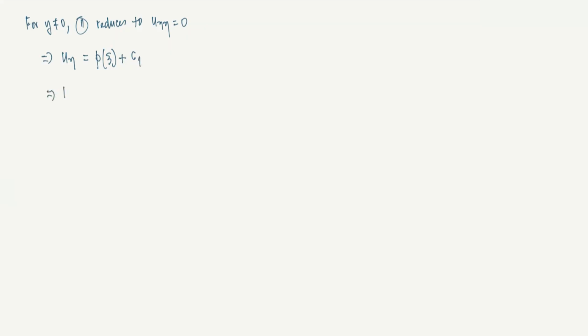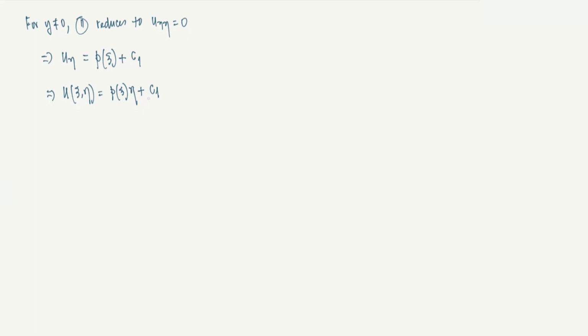Now what is u of xi, eta? Integrating the whole thing again, you get p of xi times eta plus c1. This is what we are going to get.